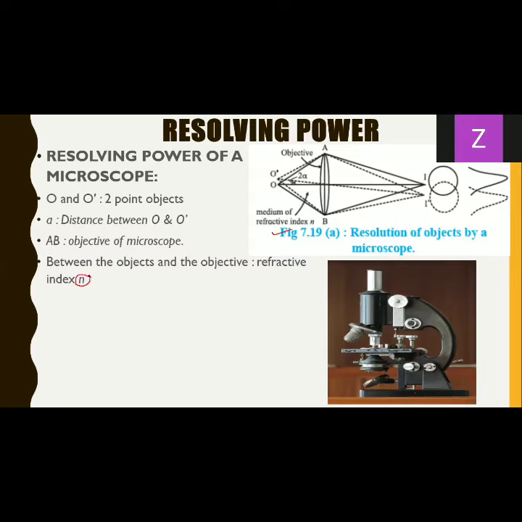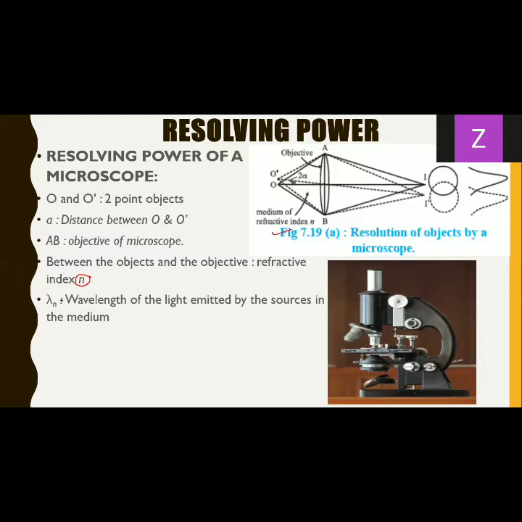Now in this particular case, the wavelength which we are assuming is lambda n. Why lambda n? n is the refractive index of that medium. So the wavelength of light which is emitted by the source in that medium whose refractive index is n, that's why we are considering lambda n.